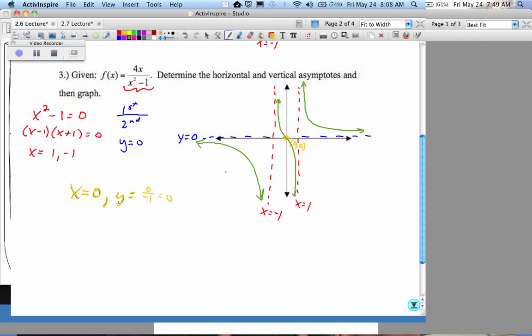Plug it in and see if it explodes in the upper or downward direction. Upward or downward, and then you go to the next one and you say, does it go upward or downward, and you would slowly plot them out. You guys have the graphing calculator, so you just type it in and graph it.